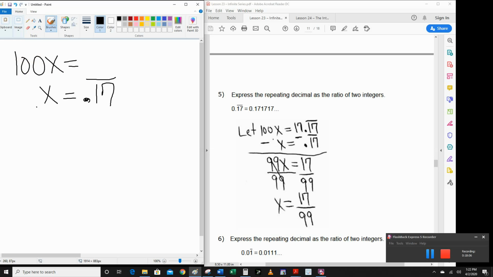And when you multiply 0.17 repeating by 100, our decimal moves 2 places to the right. So that would be 17. But don't forget, after that decimal point, the 1 and 7 keeps repeating.